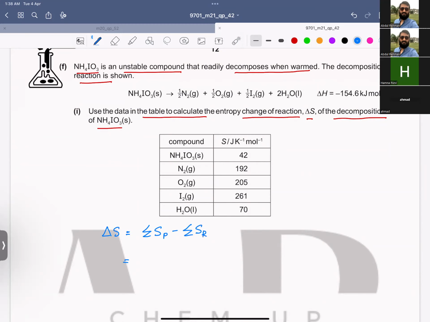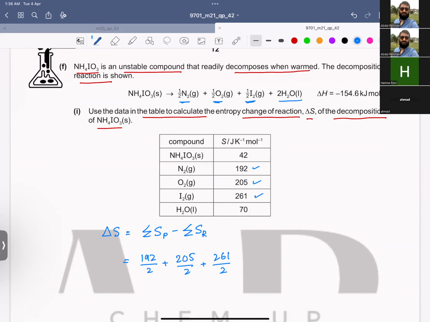We have a half mole of nitrogen, so I would do 192 over 2, plus I have a half mole of oxygen, so I would do 205 over 2. I have a half mole of iodine, so I would do 261 over 2.